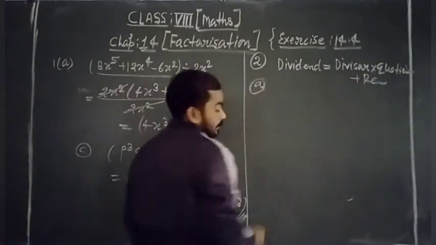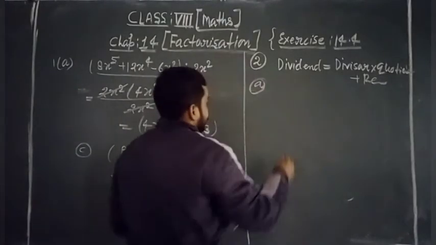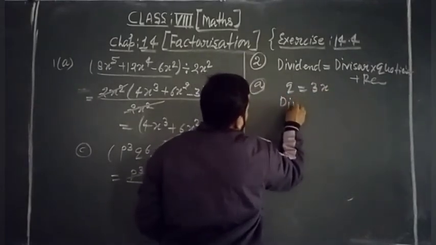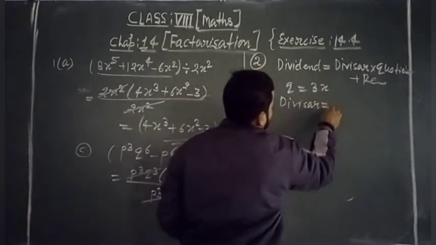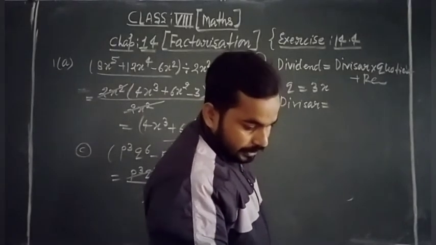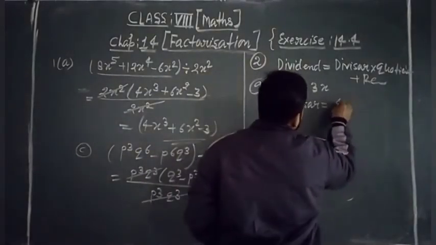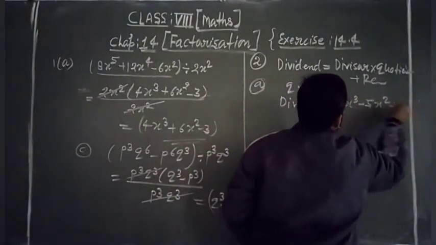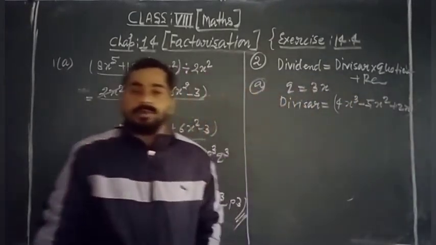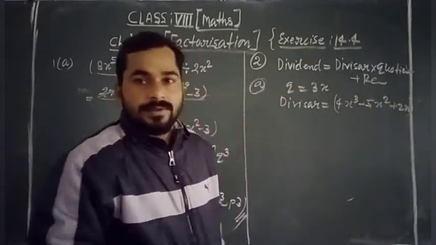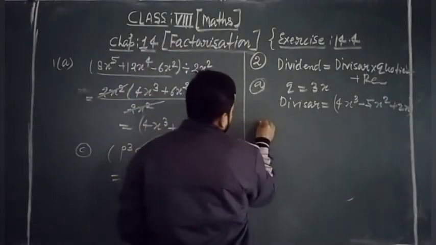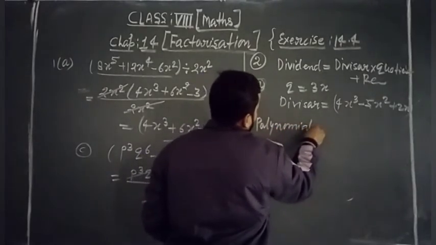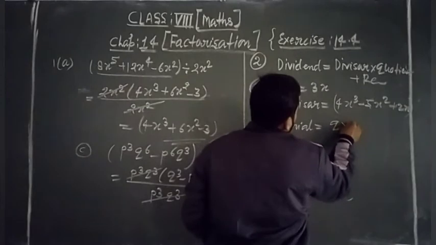Question 2, part A: the quotient is given, 3x, and the divisor is given, 4x cube minus 5x square plus 2x. You have to find the polynomial, that means we have to find the dividend. So polynomial equals quotient into divisor.